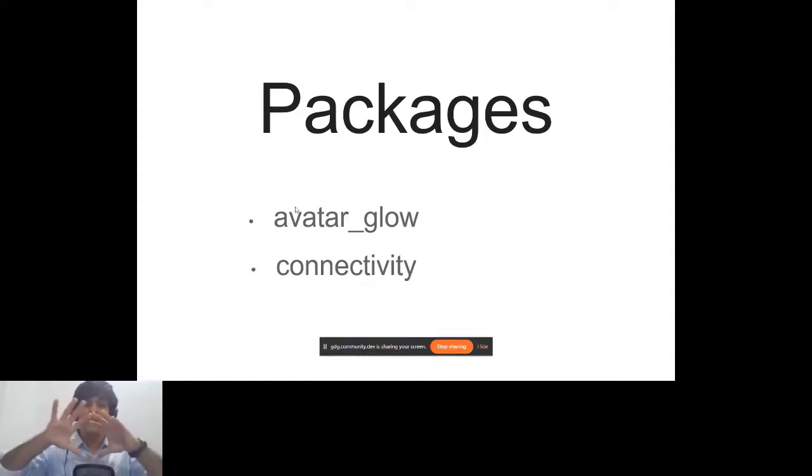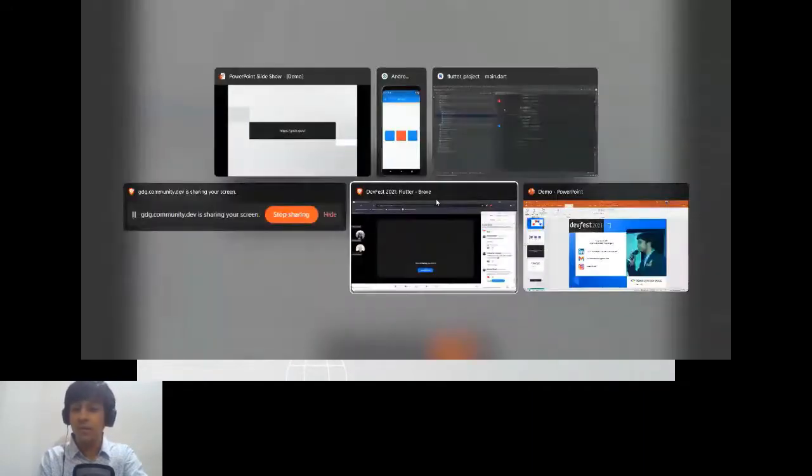Literally, it looks like rays coming out of it, of any color you want, however long you want those rays to be. So I really want to show you how to import those packages from the official packages website of Flutter, which is pub.dev. And let's go and check it out.